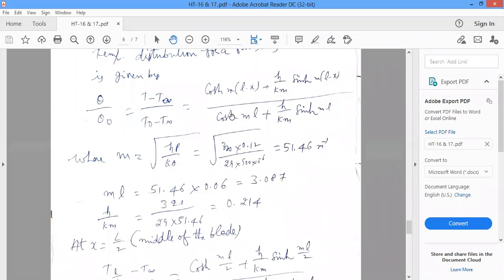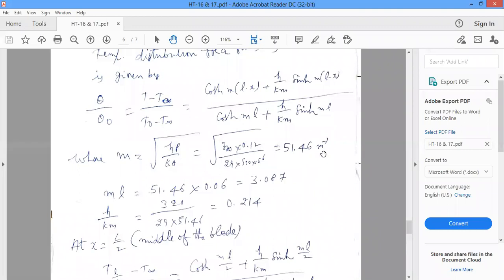So first calculate the m value because you require it here. m is equal to root of hP by kA, that is root of h value 320, perimeter 0.12, divided by k value 29, area 500 into 10 power minus 6. If you simplify this, you'll get the m value as 51.46.